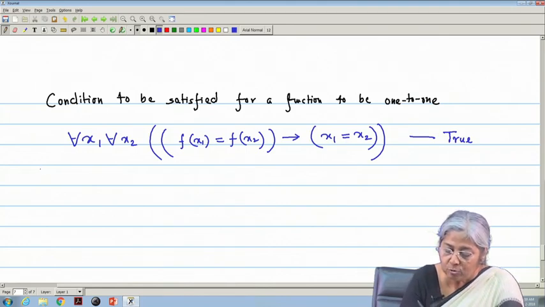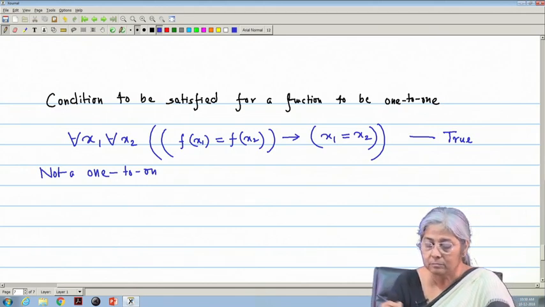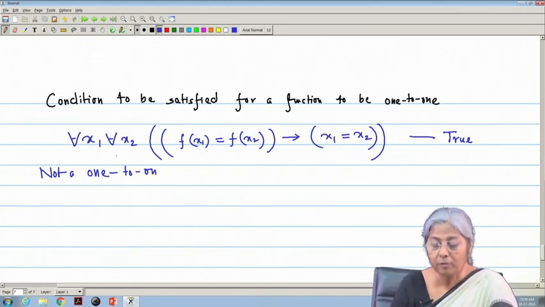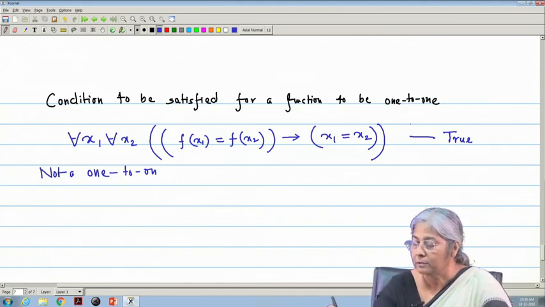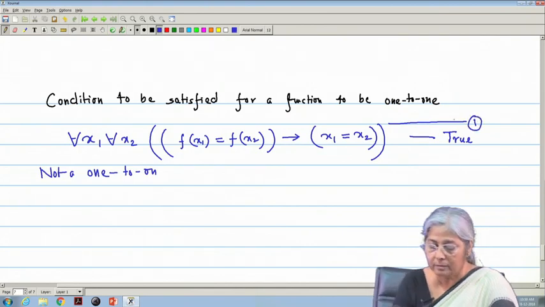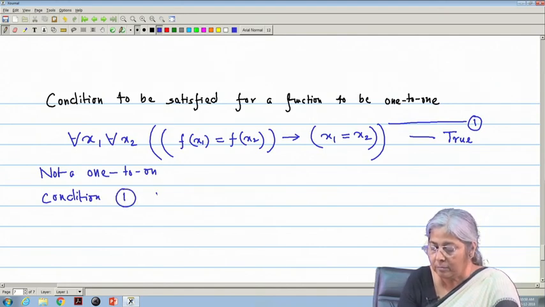So, if it is not a 1 to 1, then the above condition must be false.